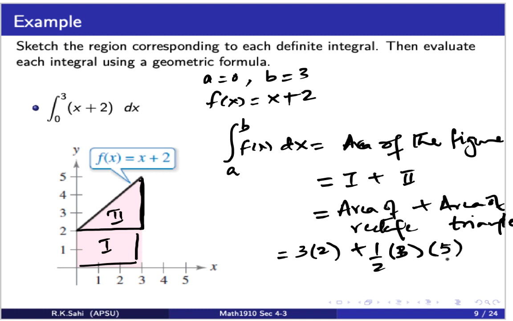But remember, it starts from 0, so I can't write 5. It is from 2 to 5, that means 3 here. So what do we have? 3 times 2 is 6, plus 9 halves, which is 4.5. So the area is 10.5 square units.